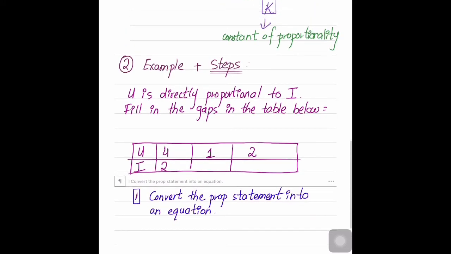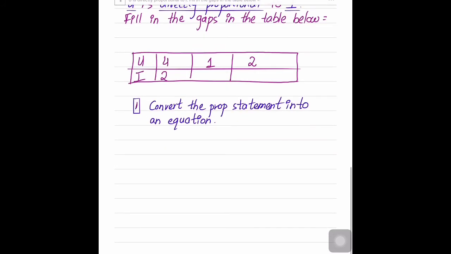So what does the statement say? The statement says that u is directly proportional to I. So u, we know that the proportionality sign is this, is directly proportional to I.